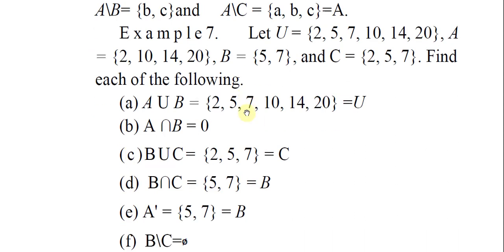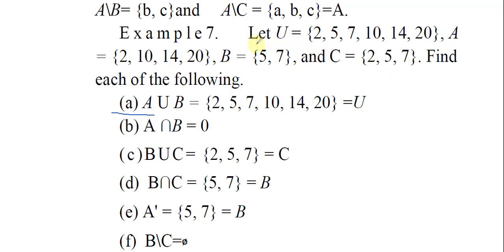Example number 7. Let we have U set, A, B, and C sets. Find each of the following. So here, let's consider the first, A1. A union B, it is all elements of A and B: 2, 5, 7, 10, 40, and 20.